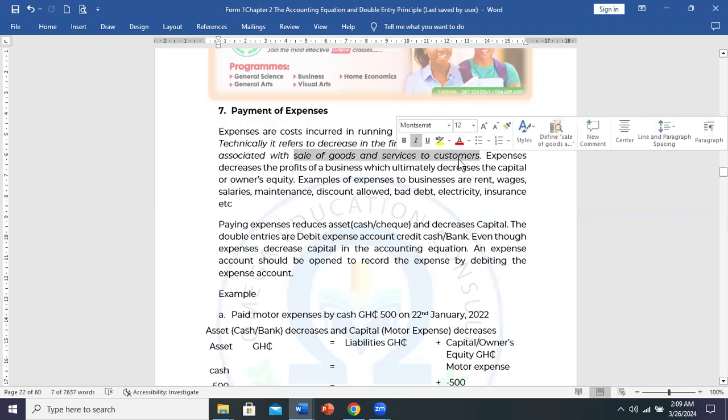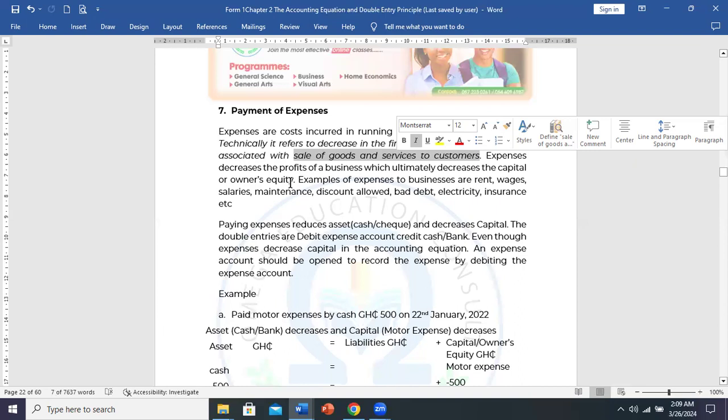So the business incurs this cost for making the effort to sell goods to its customers or render services to the customers, right? And so we say that if this happens, because it's a cost, it is going to affect the business capital by way of decreasing the profit and ultimately decreasing the capital.